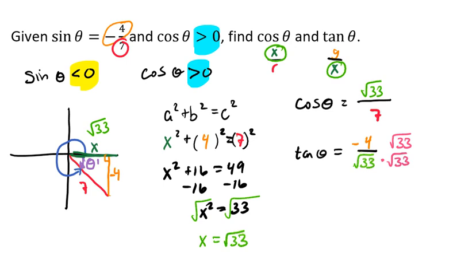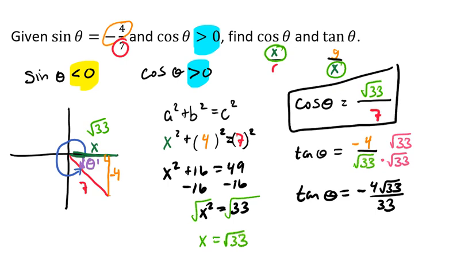And that's going to end up giving us that the tangent of theta is in fact -4 radical 33 over 33. And now we've got our two answers, cosine of theta and our tangent of theta, using the given sine values and restriction for cosine.